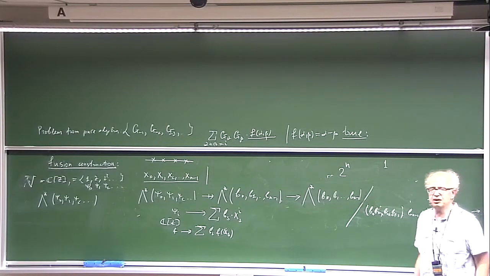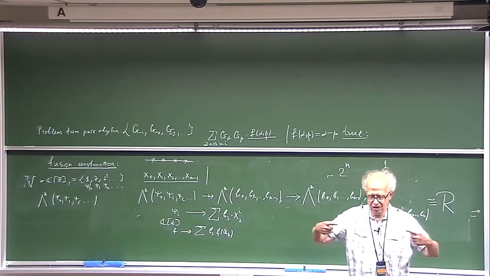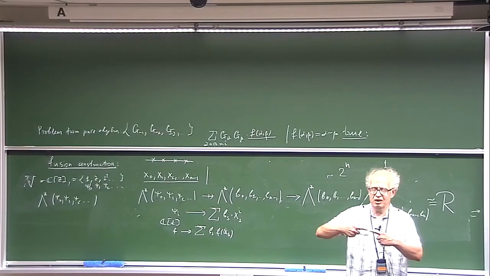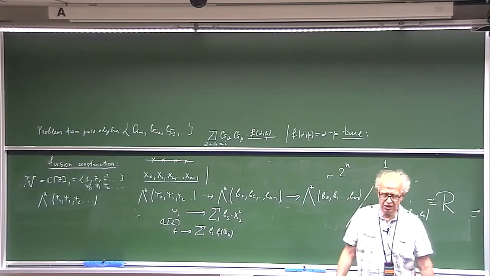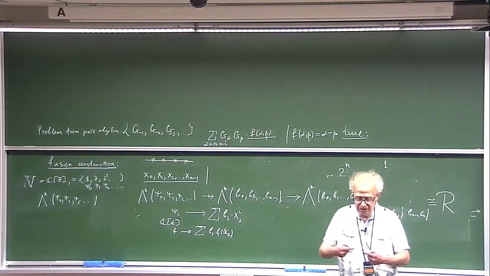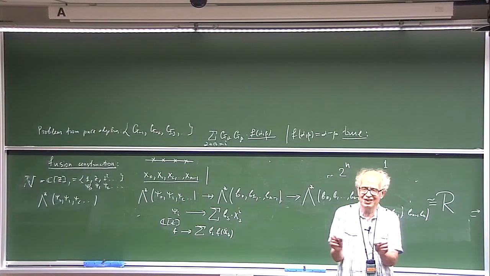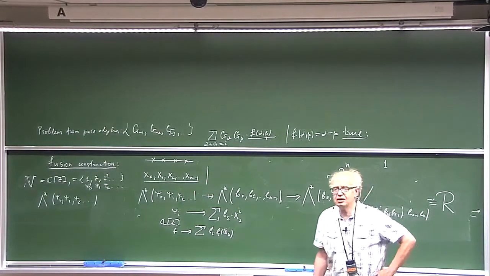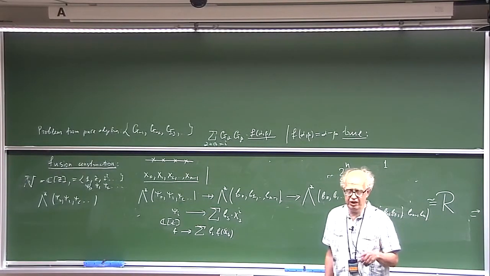And the fusion procedure means that I want to send all different points to 0, and look at what we have in the limit. And the corresponding thing I want to call fusion, because these points are fused, and so it is this. Or I can go a different way.